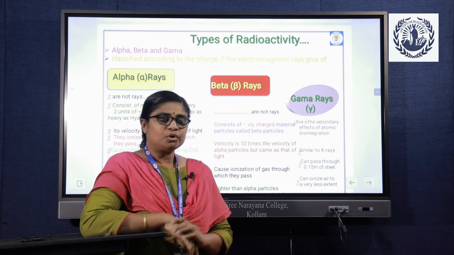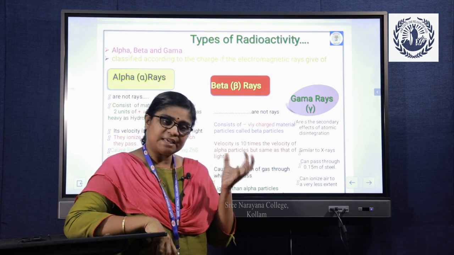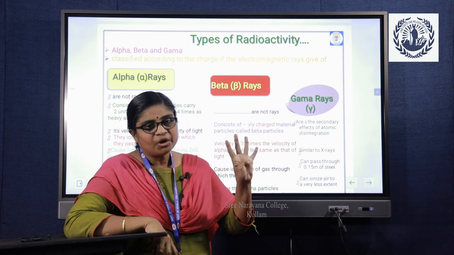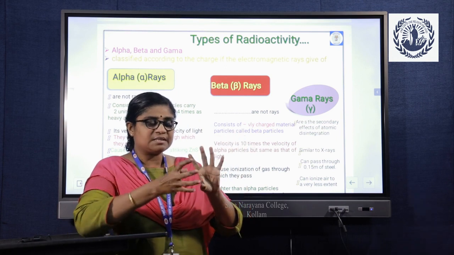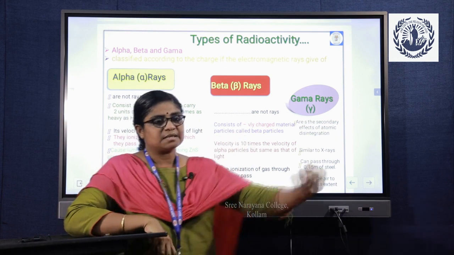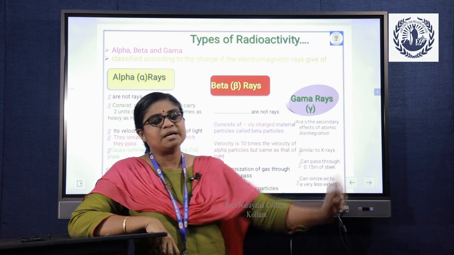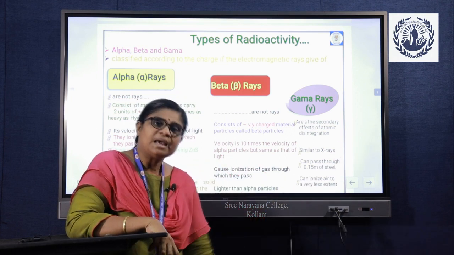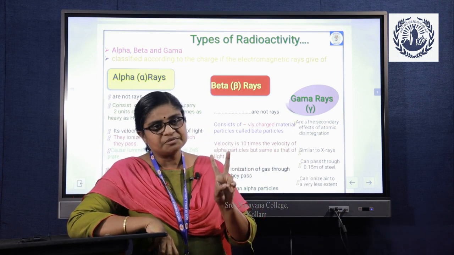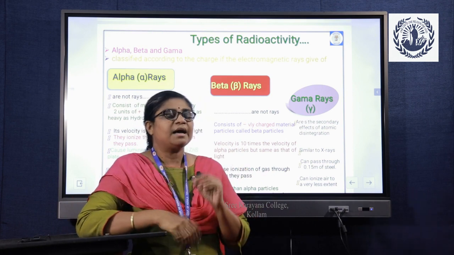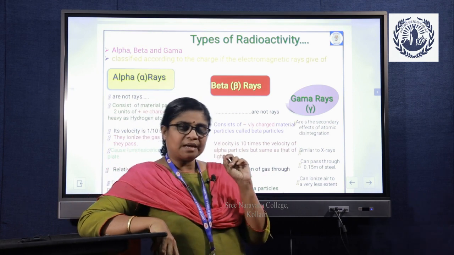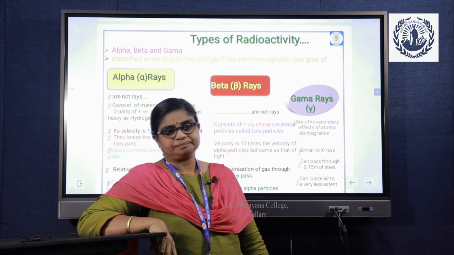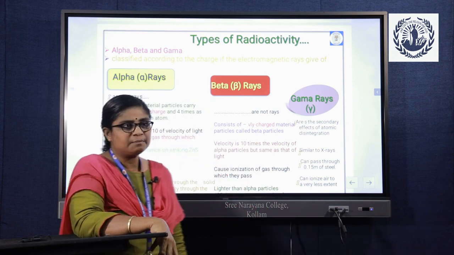I have told you 2 points. The alpha particle is heavier, its mass is 4, and because of its size, its speed is lower compared to the velocity of light, and it has 2 positive charges, that is high charge, so its ionizing power is maximum.